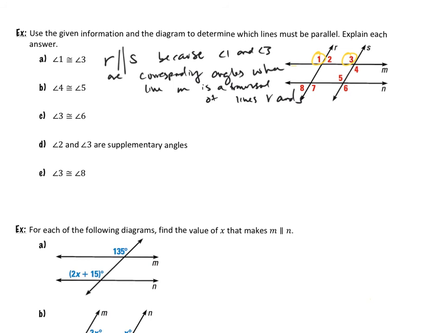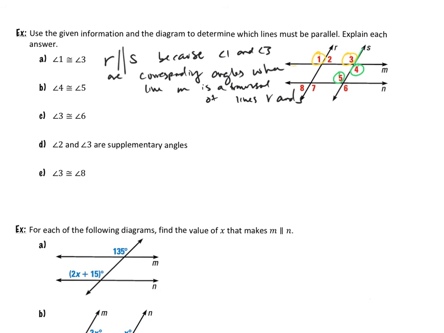I won't have space to write the explanation for all of these, so this time it's the longest explanation. After that, we'll just shorthand that. All right, for B, we're looking at angles 4 and 5 being congruent.